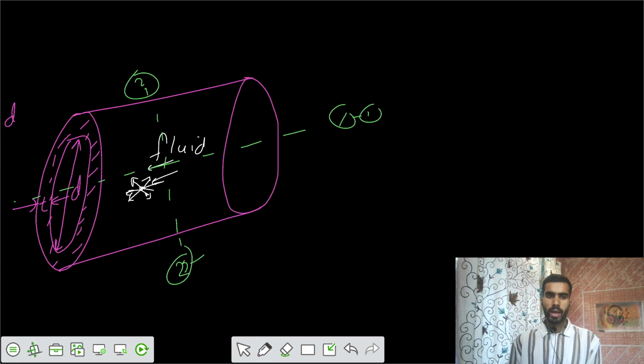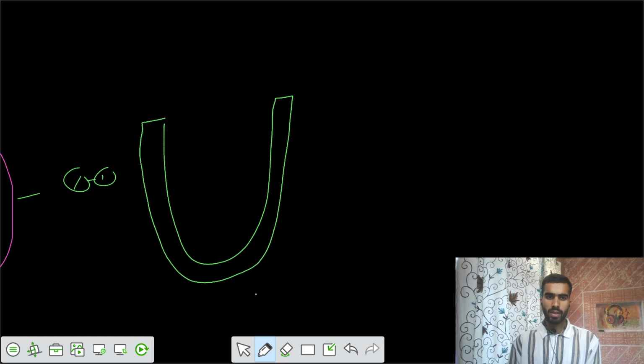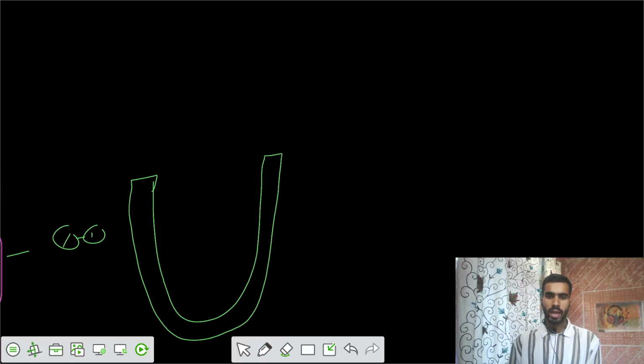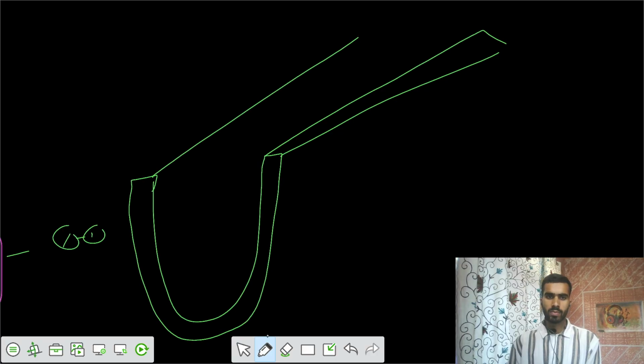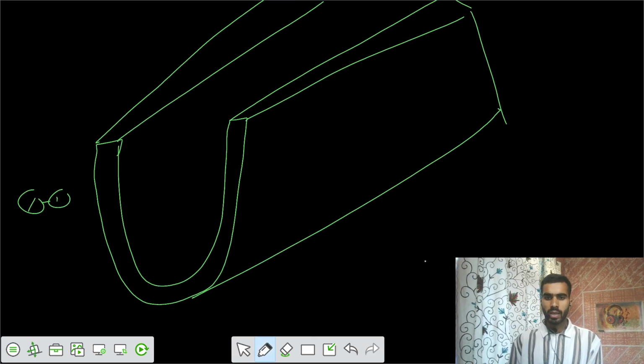If I cut section 1-1, this is part of the vessel, for a length of L. This is your material, and you cut the section, and inside there is a fluid pressure. Let's say the fluid pressure is P, the inside pressure.